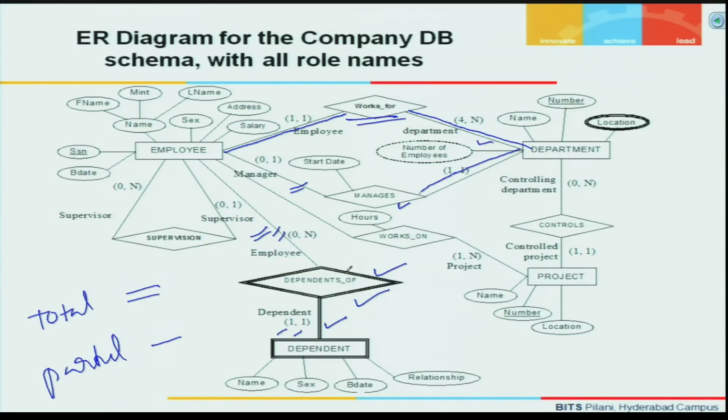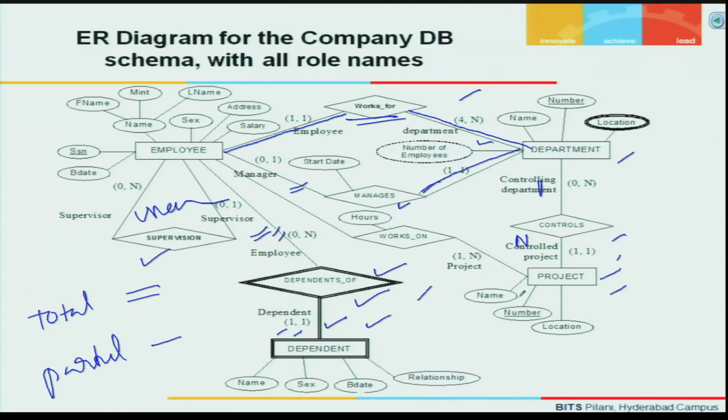That is the min-max constraint. We have seen participation constraints, and also cardinality and then degree. Coming to the degree of the relationship, it is a unary relationship, and the remaining ones are all binary relationships. And coming to the association between project and department, one department can have n projects, and one project is controlled by only one department.